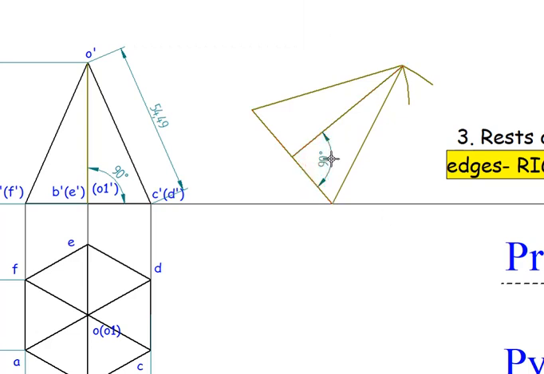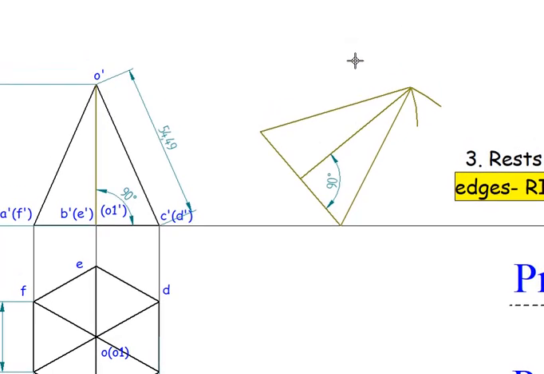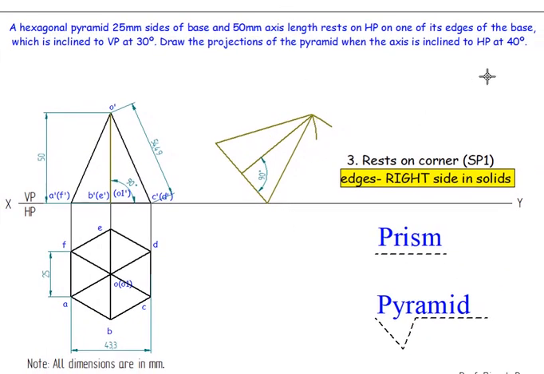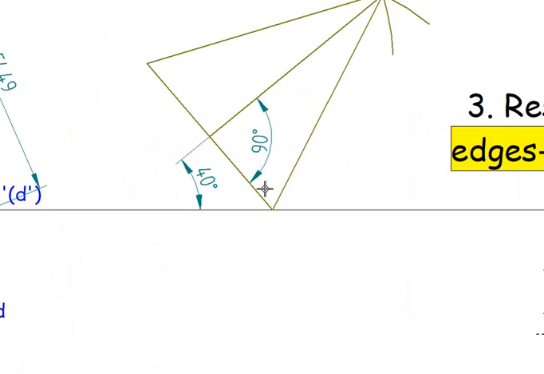So this is done, and as per the question, what we need to do is make the axis inclined at 40 degrees. I did not tell you what angle I have taken, so this angle should be 40 degrees. So this is achieved when I draw this triangle.